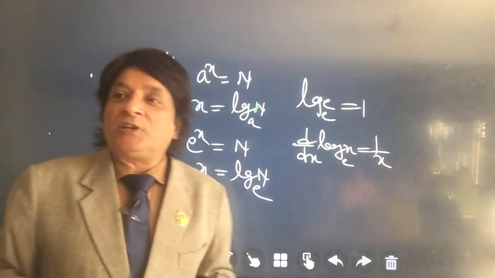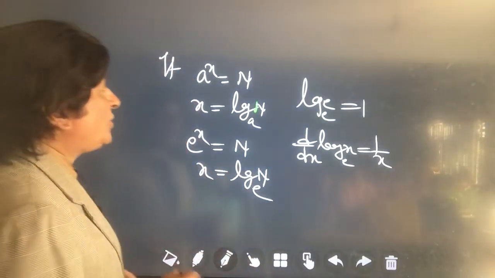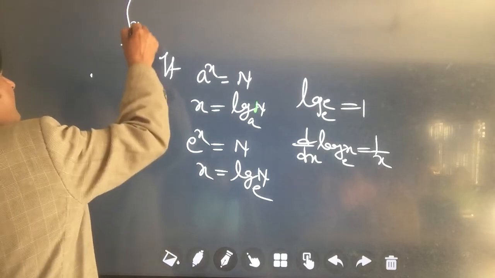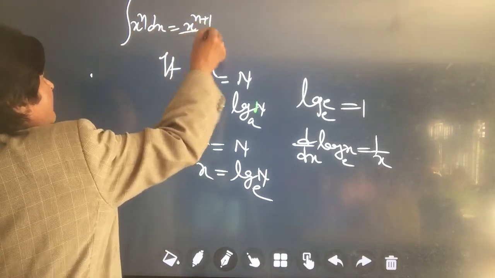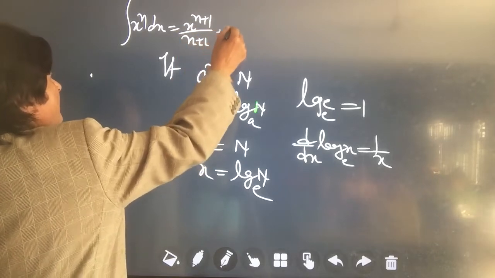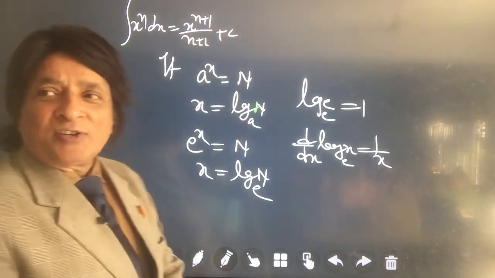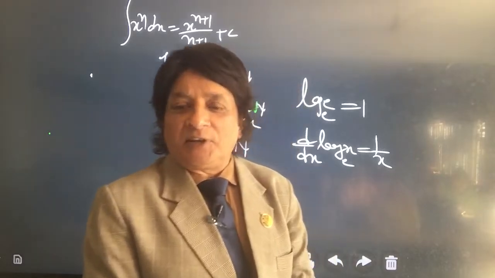Now we go to integration. Integration of x to the n dx is x to the n plus 1 upon n plus 1, plus c. We must write c, that is called the constant of integration.